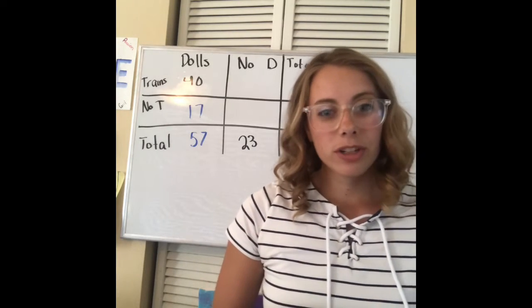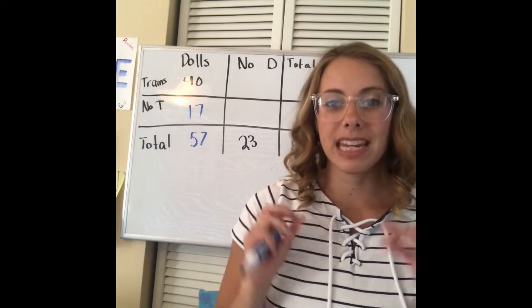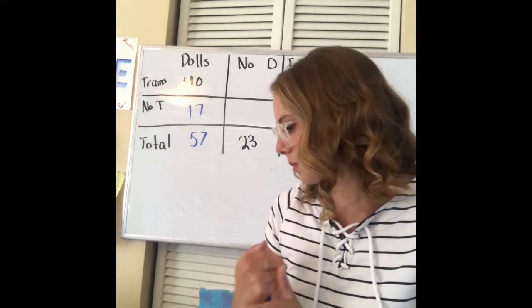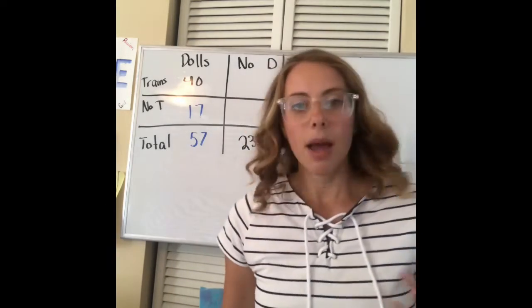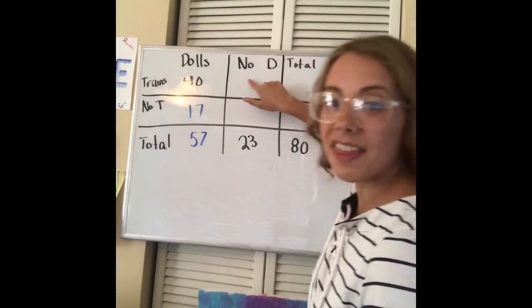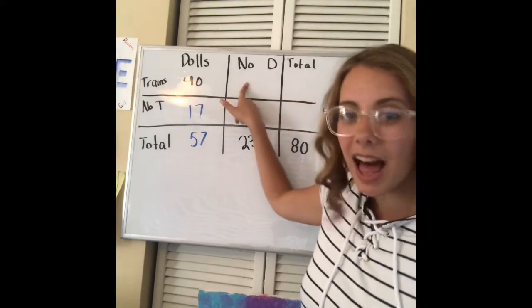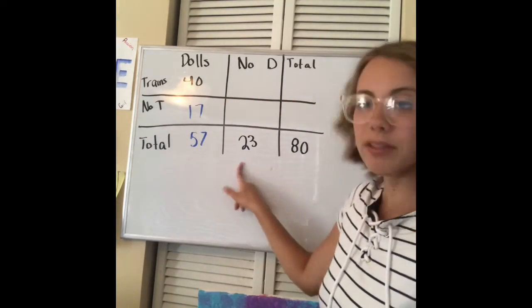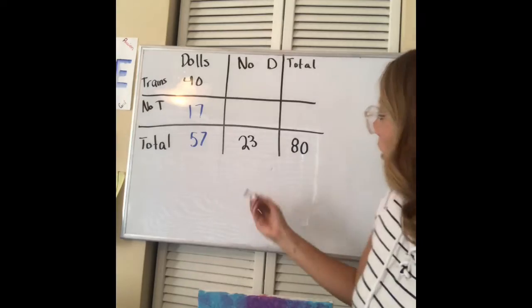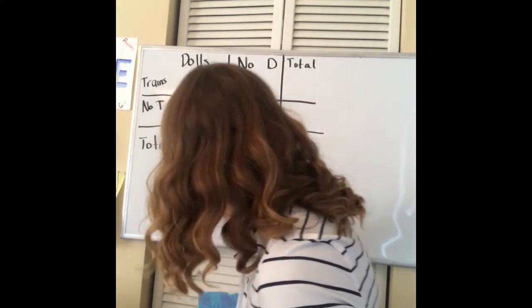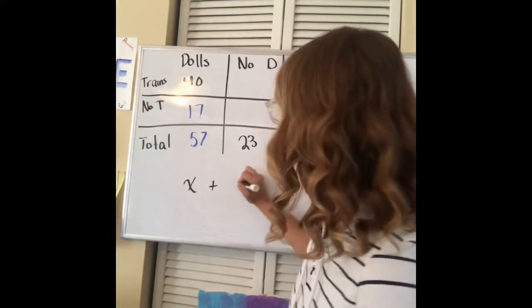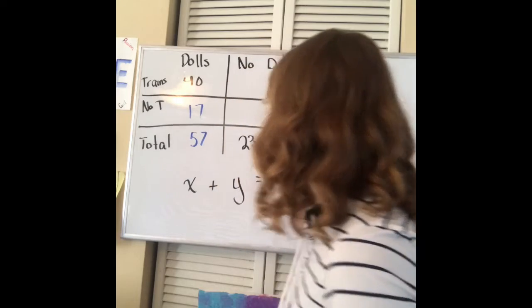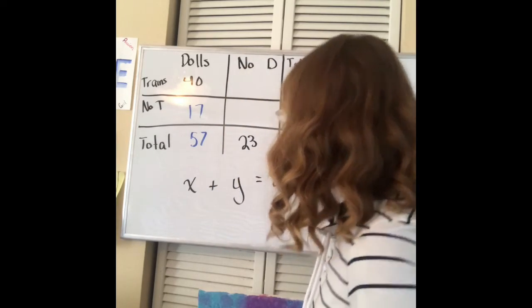So what I'm going to do is write myself an equation. Because I know that this number plus this number is going to give me 23. So I know that something plus something else will give me 23.